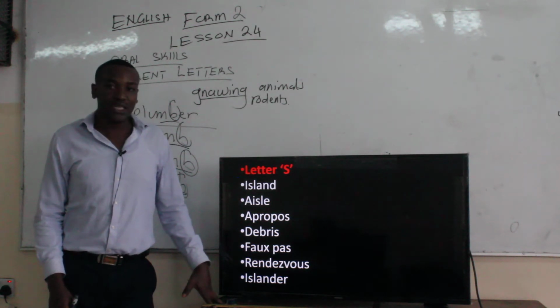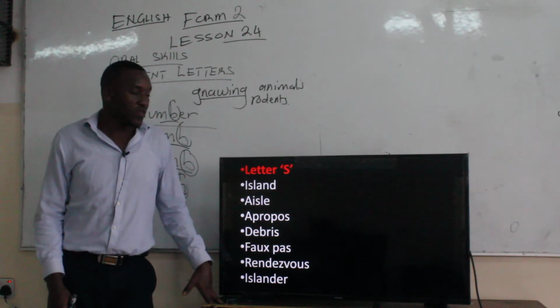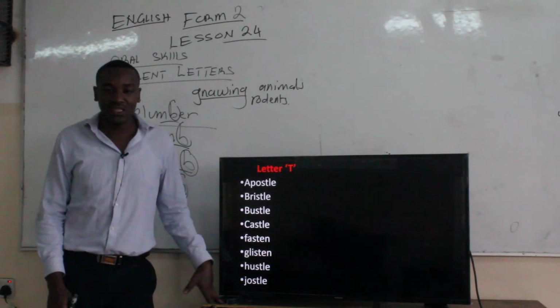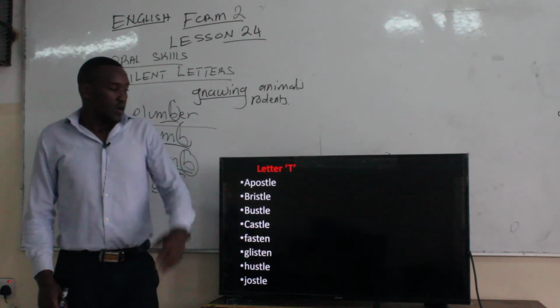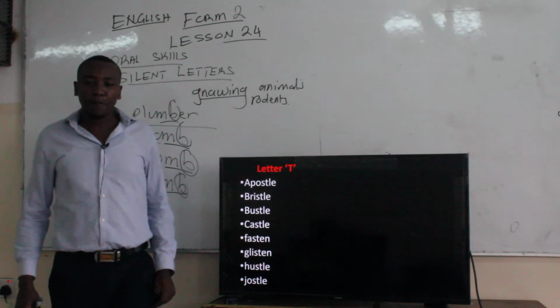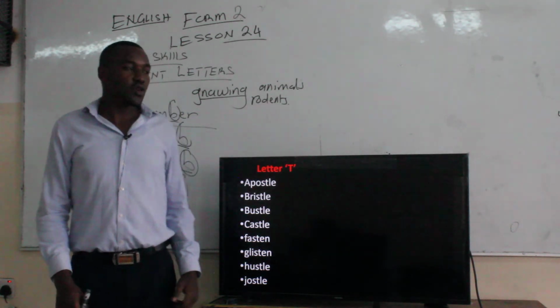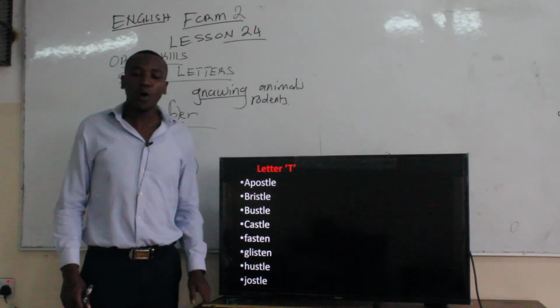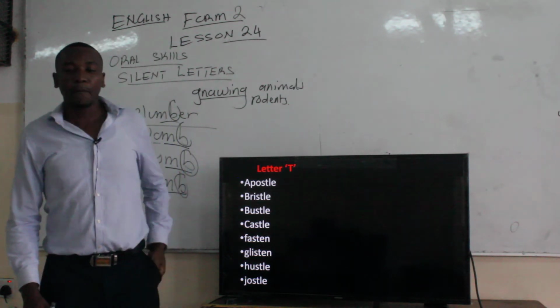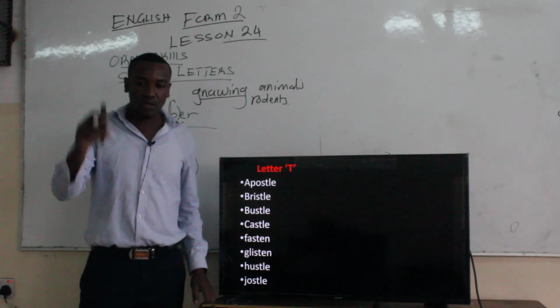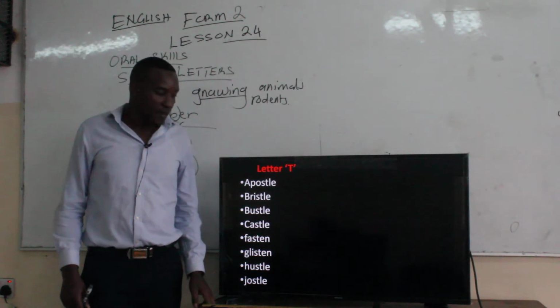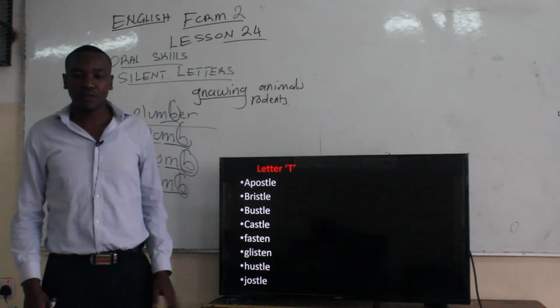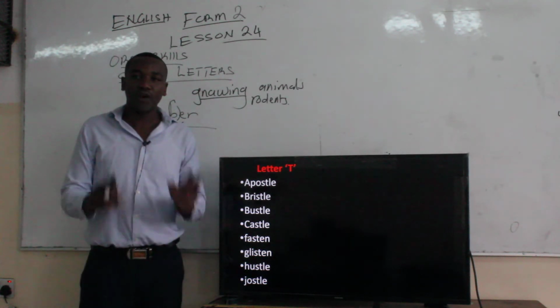So let's get to letter T and also get some examples of words in which the T is silent. We say apostle, apostolic faith. Then bristle, bustle, castle. And then we talk about fasten.